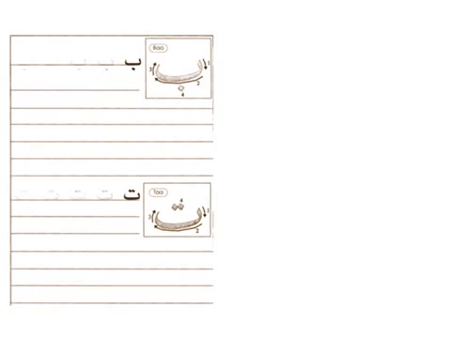Page 5. In page 5, we're going to learn the letters Ba and Ta. Remember to write from right to left.